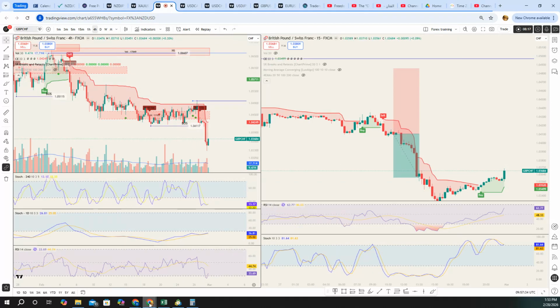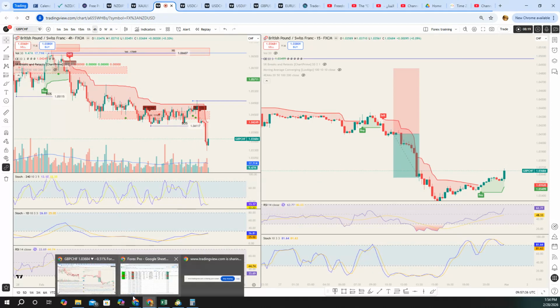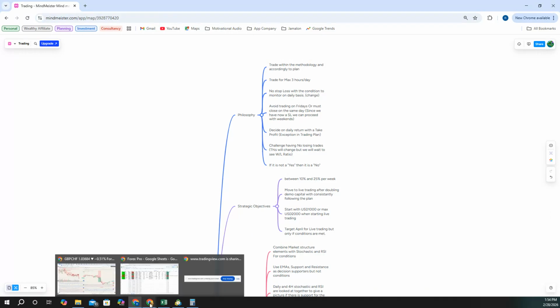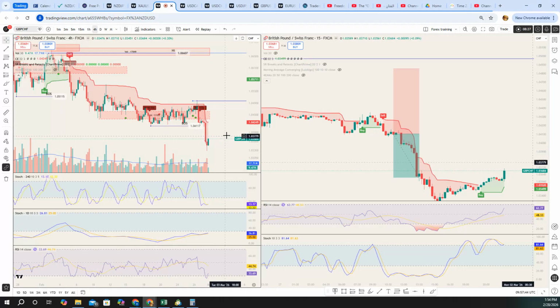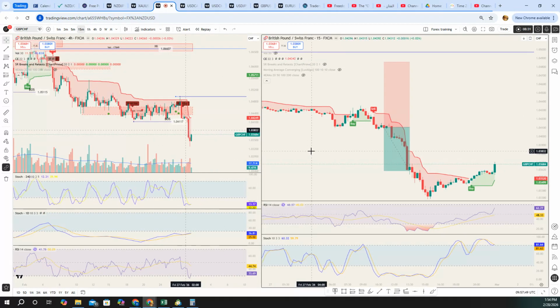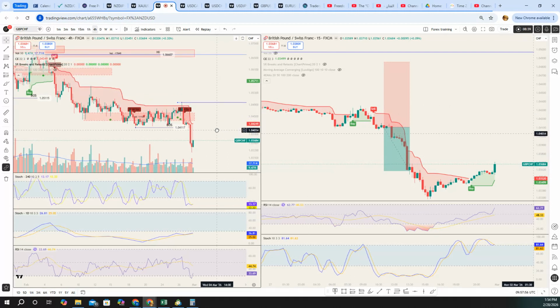Okay, so now, actually, let me show you what we're doing, how we are including the stop loss. So what we do is that we look at the 15-minute time frame and the 4 hour time frame.